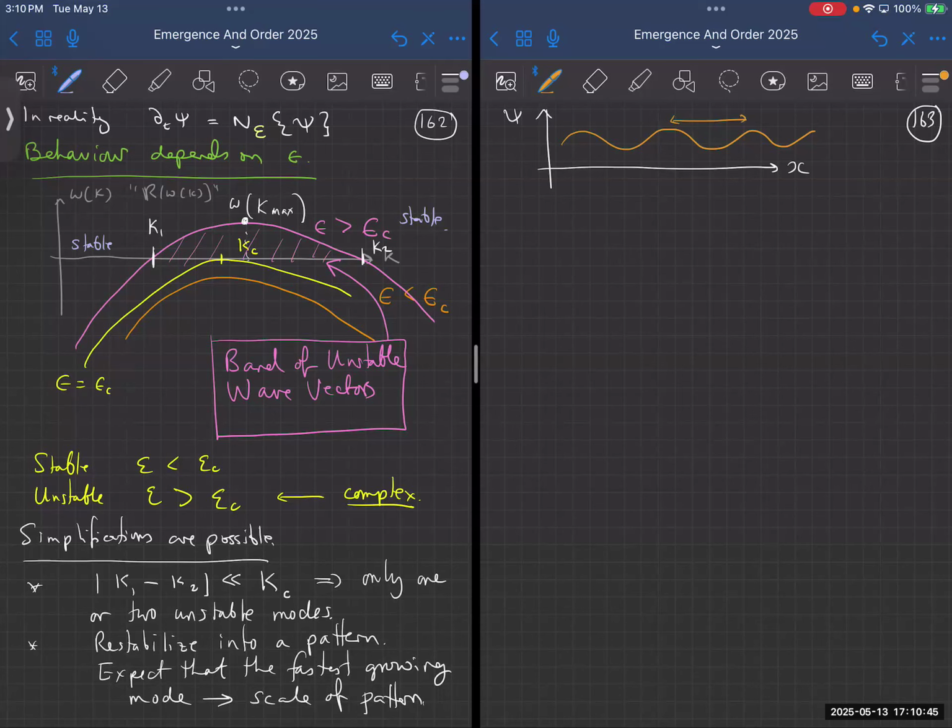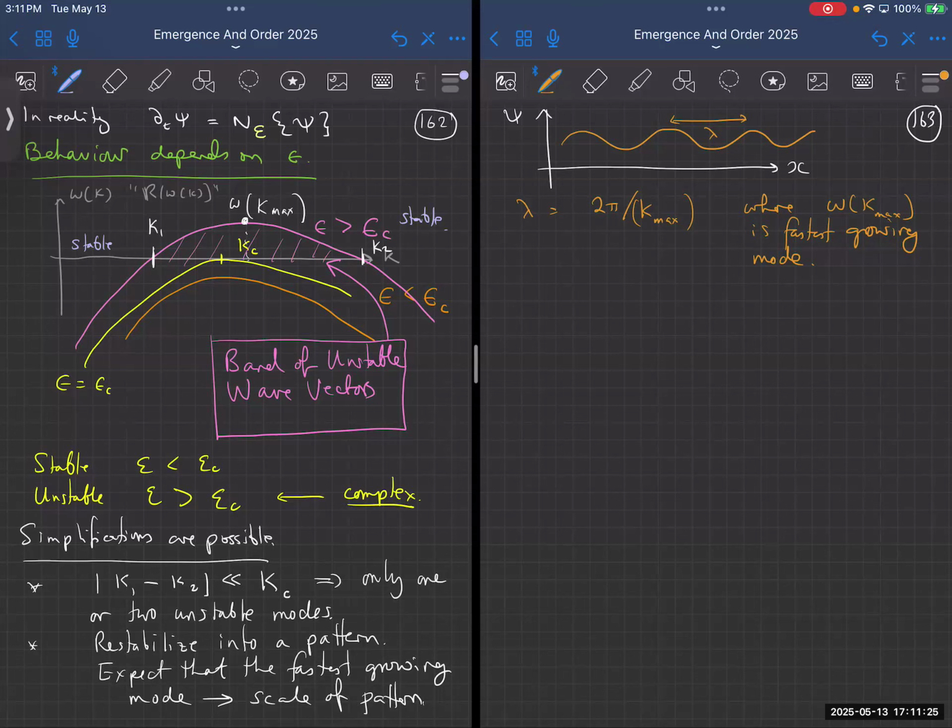And this is the wavelength lambda, and lambda would be given by 2 pi over k max, where omega of k max is the fastest mode. So that is indeed one of the few things that we can extract from linear stability analysis.